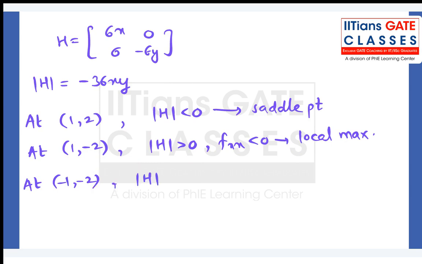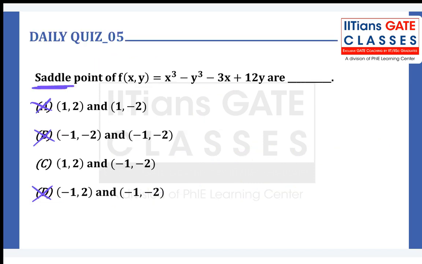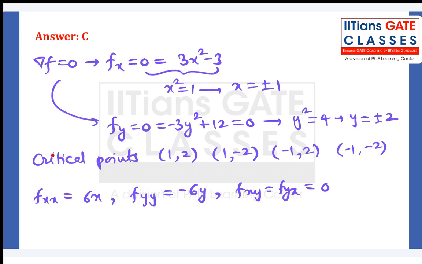Determinant turns out to be negative. Yeah, so that's the saddle point. So no need to check the fourth case because that's not what is asked. Okay, so correct answer is option C, and that is also given in your answer key. Okay. So this is more or less the different version of third problem, but the process remains same.